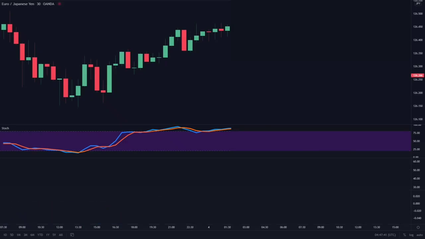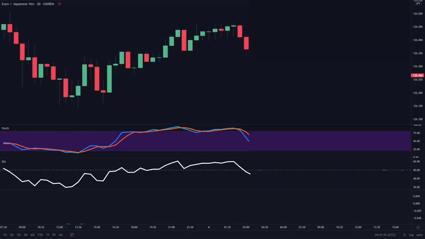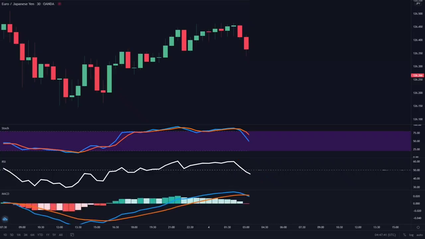In this chart, we can see that both of the K and D lines are at overbought, meaning we're going to take a sell position. Then, you want to confirm the downtrend by making sure that the RSI is below the middle line. The next step is you want to use the MACD to further confirm the downward momentum by waiting for the MACD line to cross below the signal line and make sure that both of the K and D lines still haven't hit oversold.